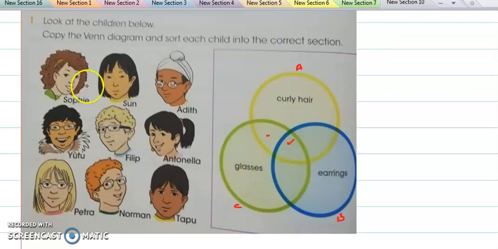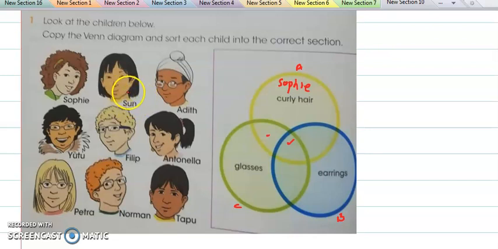If we look at Sophie, she has curly hair, but she is not wearing glasses and not wearing earrings. So I will put Sophie here in the category of curly hair only. So Sophie will be written here. The next one is Sun.